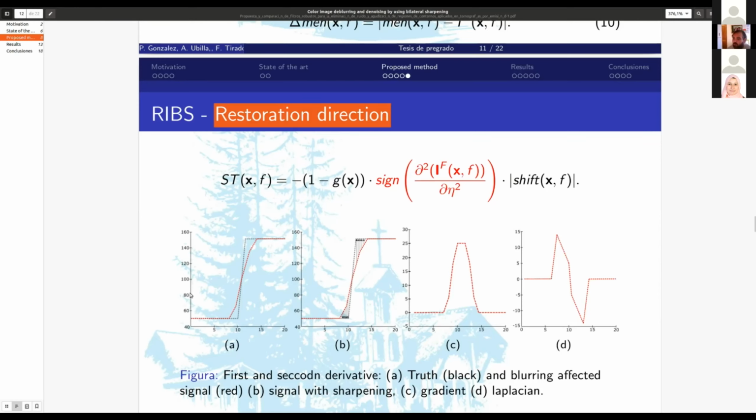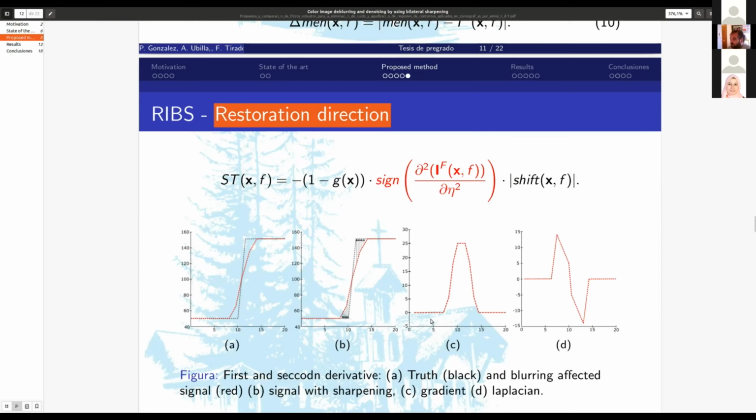Okay, with this we can see an example of a one-dimensional function. The black is the real function, the truth function. The red is the blurred function, and we can reconstruct this signal in the direction of the gradient.